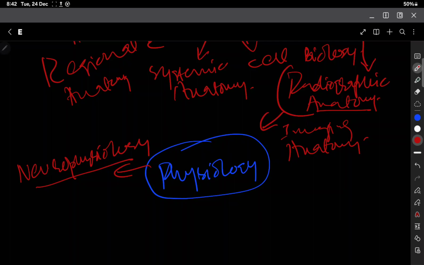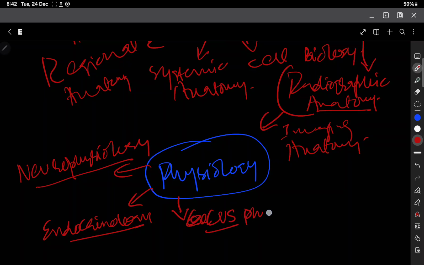Okay, endocrinology, the study of the endocrine system. Then cardiovascular physiology, or I can say CVS physiology, where we will be studying the functioning of the heart and the blood vessels. Immunology, where we will be studying the functions of the immune system.